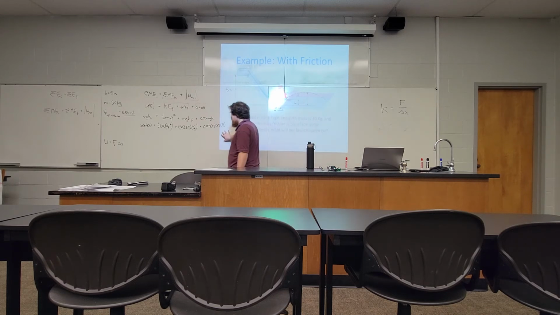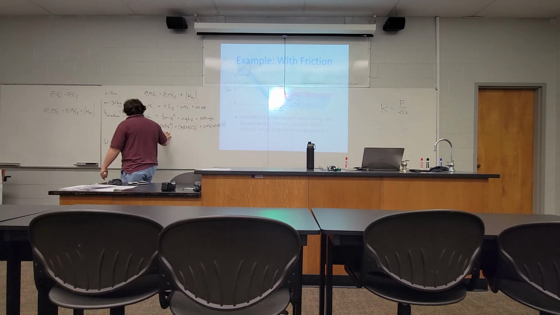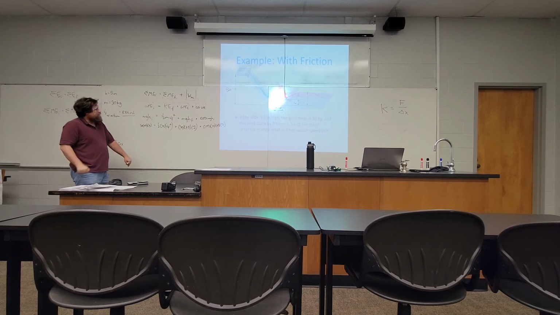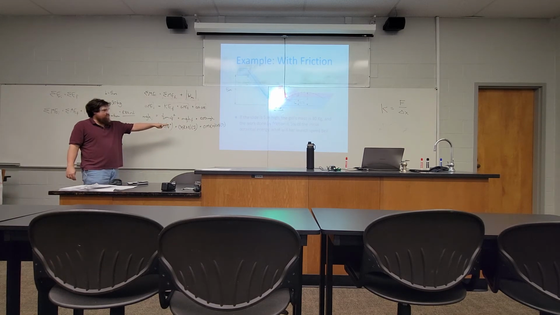For this specific example, by this point in the algebra, VF is still the only unknown, so we can solve for it. To do so, I'm going to send everything that isn't the KE term over to the right.